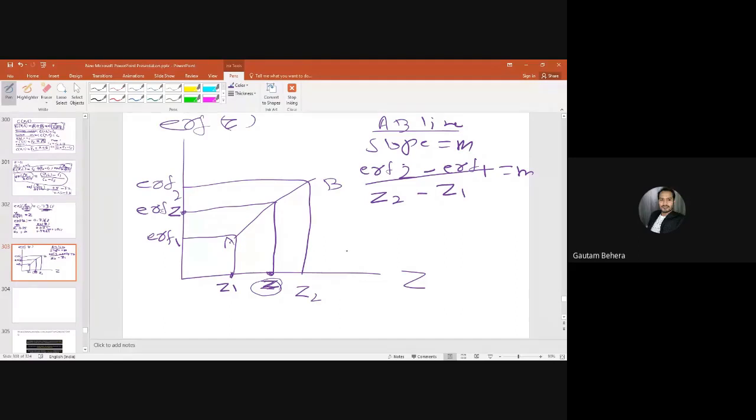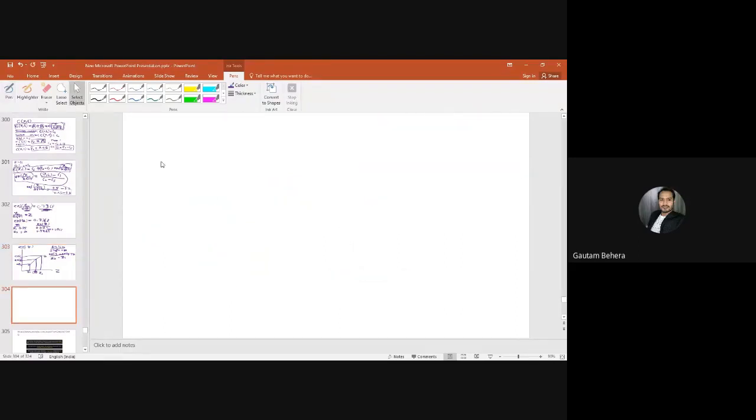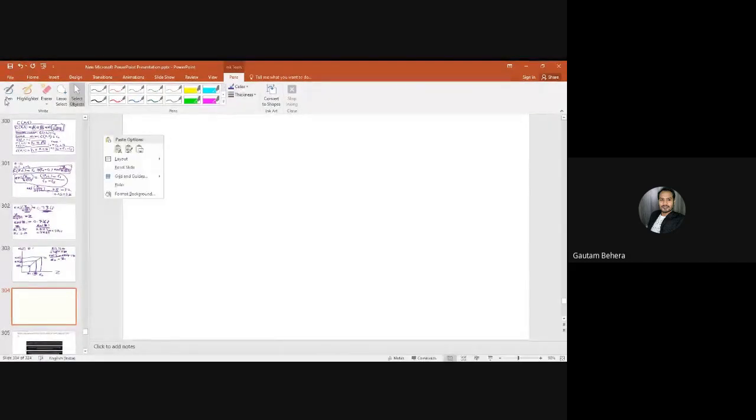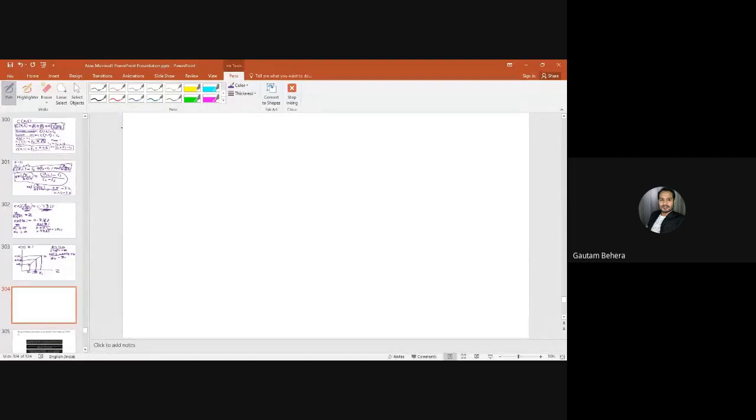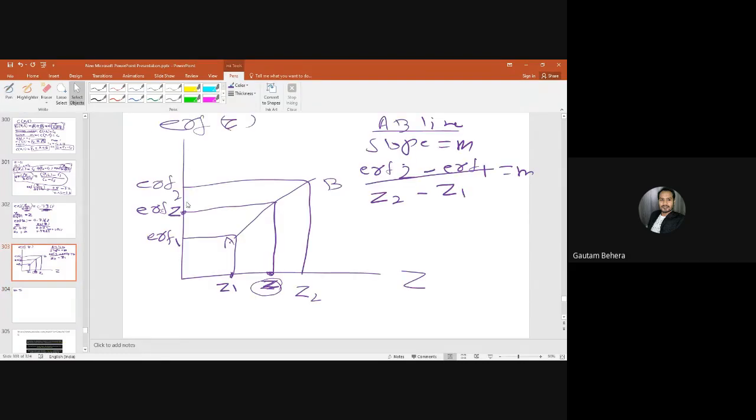Or I can write again here. Or I can write slope M is equal to, you can check. Also I can write this minus this divided by this minus this, same I'll obtain.